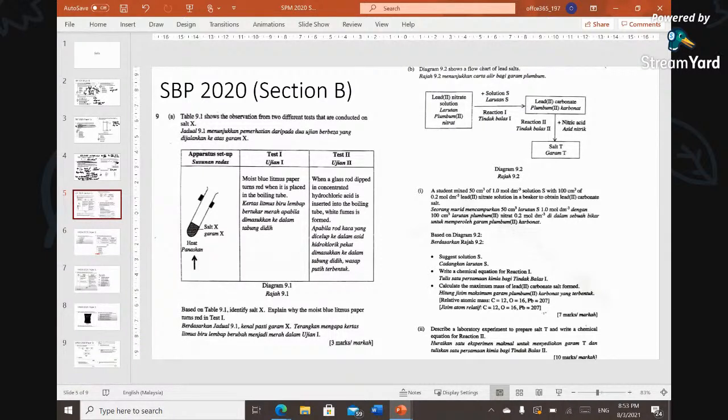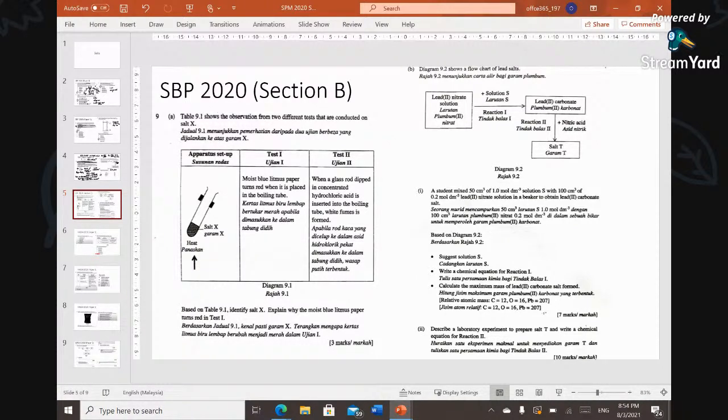Table 9.1 shows the observation from two different tests that are conducted on salt X. Okay, so you have to know all the tests for salt X. So you have test 1, the first test.